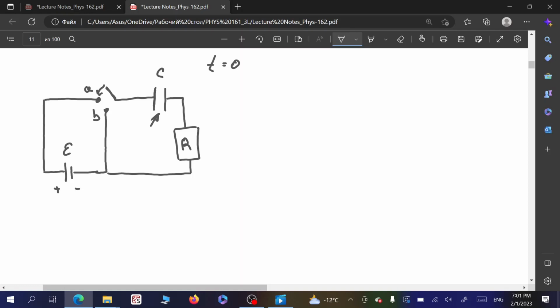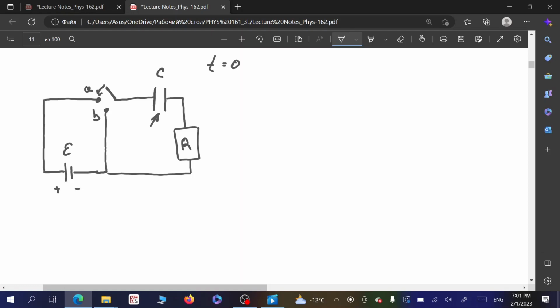If we consider Ohm's law for DC electric circuit, which we introduced last lecture, we will realize that total resistance of the DC circuit will be R plus infinity, and that will be in the denominator. So it will be epsilon divided by infinity, meaning magnitude of electric current is equal to 0.